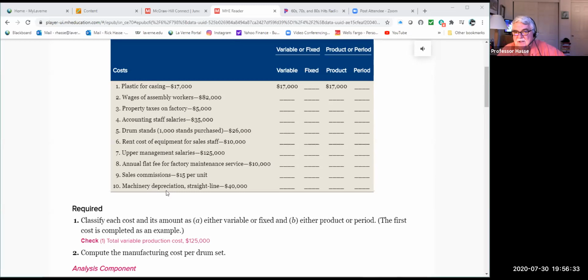This is enough to make your head spin. Variable, fixed, product, period, and all the product costs can be designated materials, labor, overhead. This is one of the nice things, and I know you guys are going to roll your eyes on this, but this is one of the nice things about studying accounting.